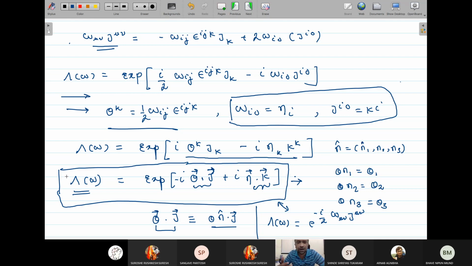We have to see how to represent the Lorentz transformation in the space of quantum mechanical states. Similarly, we need to find how to represent Lorentz transformation in the space of fields, etc. There we need to talk about generators and parameters.